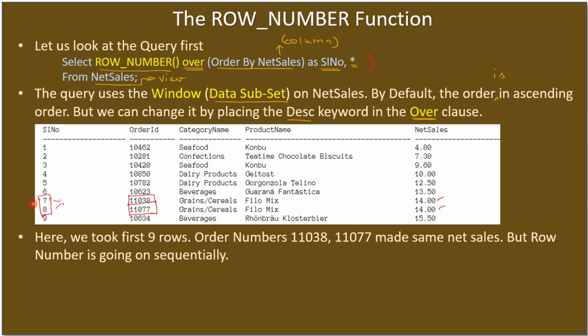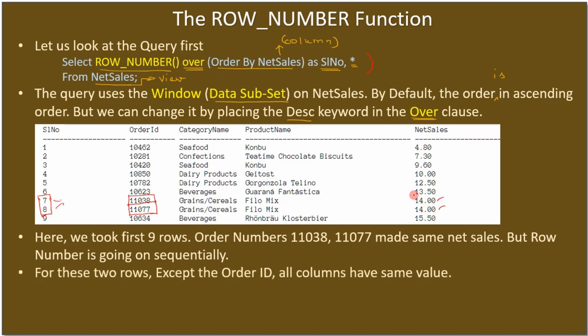That's why row number is not actually for ranking. Somehow you will get an approximate ranking even though these two rows have the same value on net sales. All right, so then what is the purpose of row number?